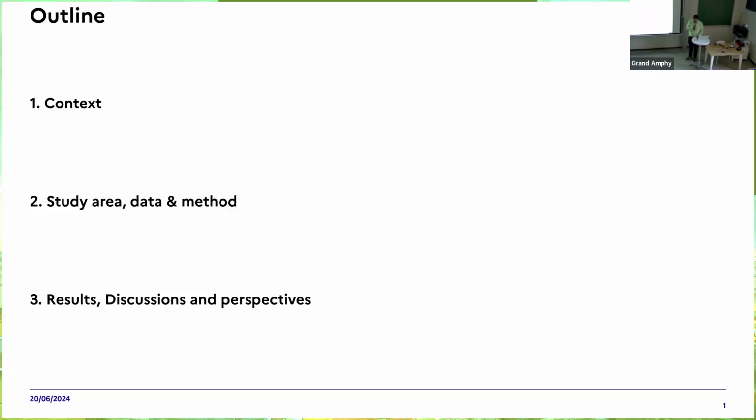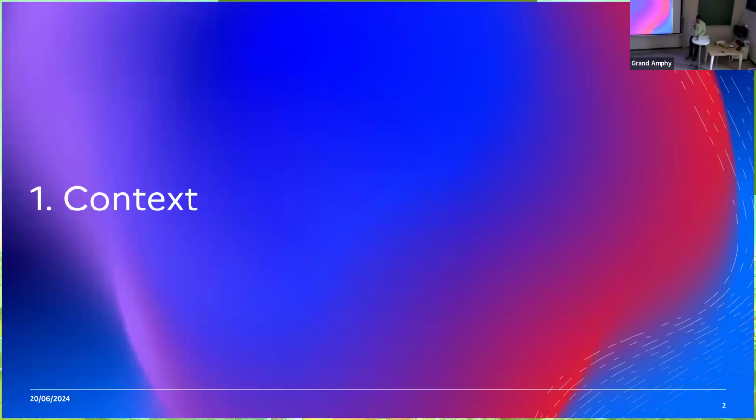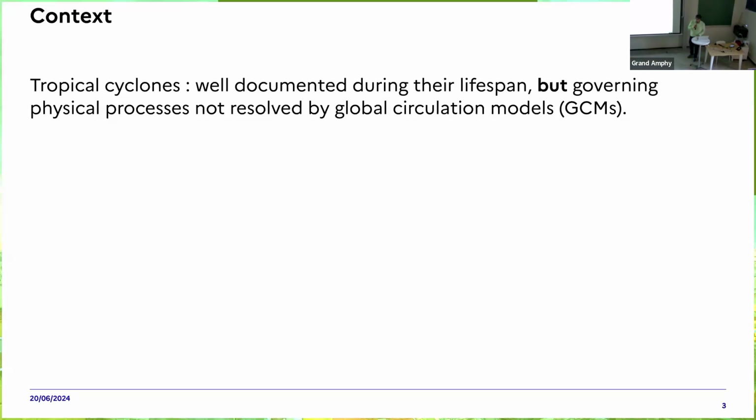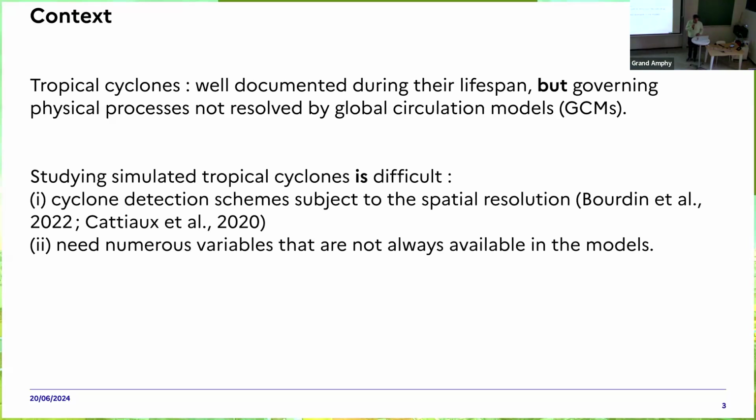So I'll start with a few words of context. We know that tropical cyclones are quite well documented during their lifespan, but we still have some problems resolving the processes governing them in GCMs, so coarse resolution models.